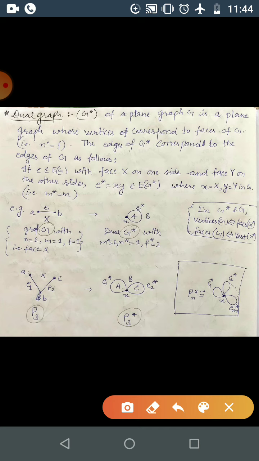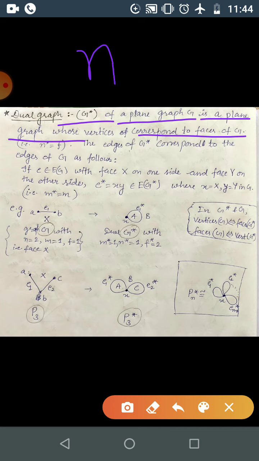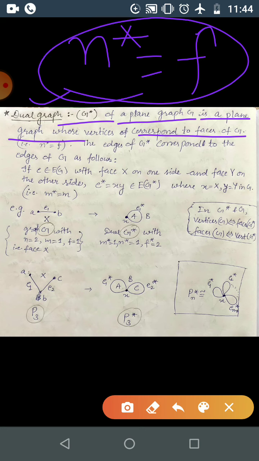The dual of a plane graph is again a plane graph whose vertices correspond to the faces of G. Then n star, the order of the dual, will be equal to the number of faces, where f represents the number of faces in G. So n of G star will be equal to f of G. So vertices and faces correspond, and edges correspond to edges.